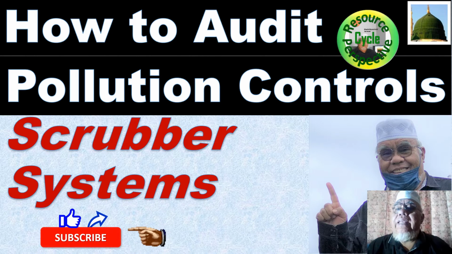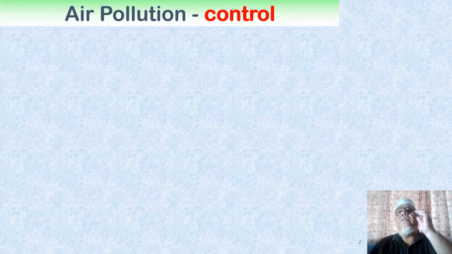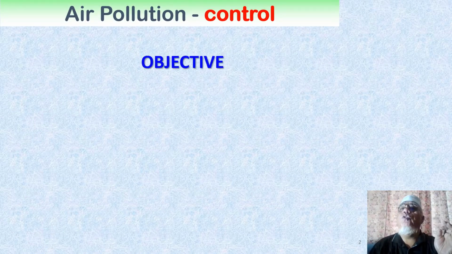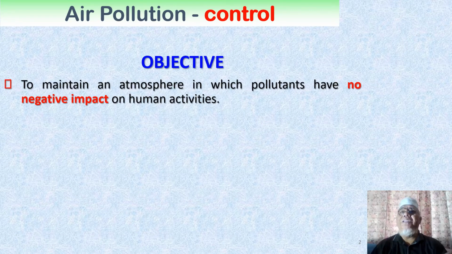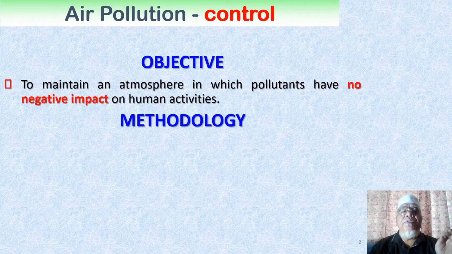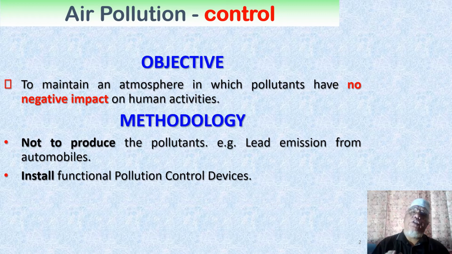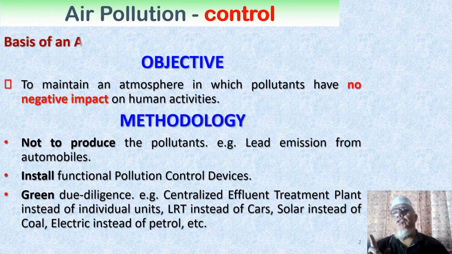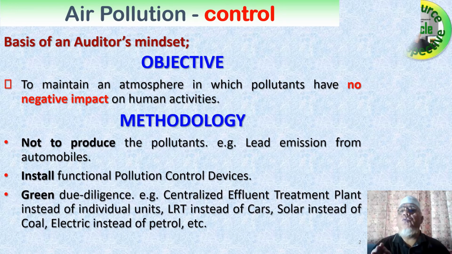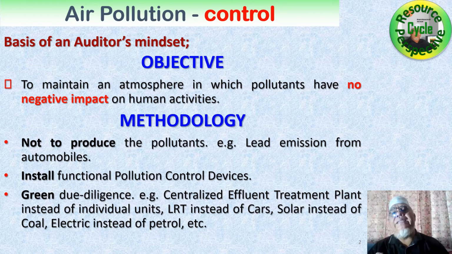Okay then, let's begin now. Well, philosophically, we do not need to control pollution if we didn't produce them, right? Inevitably we did. So in principle, we are committed to ensure by all possible means that the load of pollution we are emitting, in this matter the air pollutants, shall not cause detrimental impact to the environment and its inhabitants.